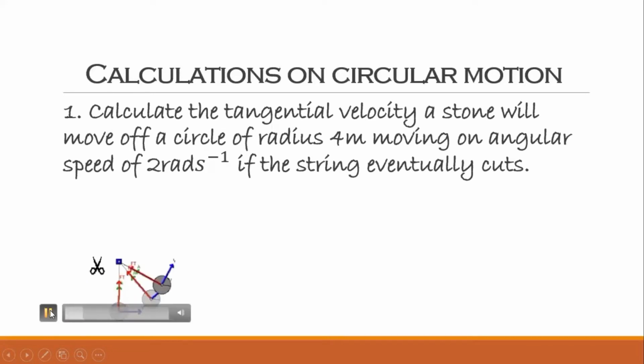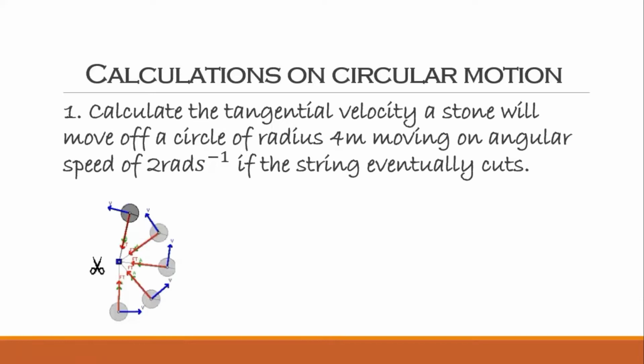If you look at this movement of the object attached with the string, you see the moment it got cut off from here with these scissors, the direction of the object is tangent, right? It will go off in a linear direction due to the tangential velocity.